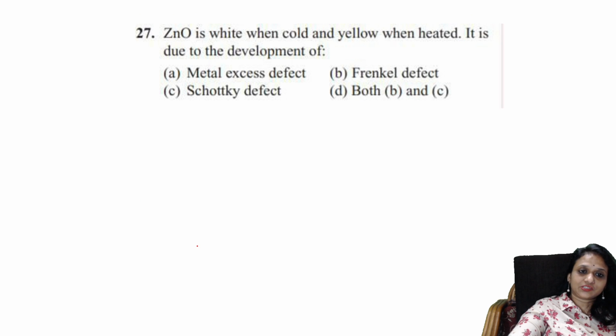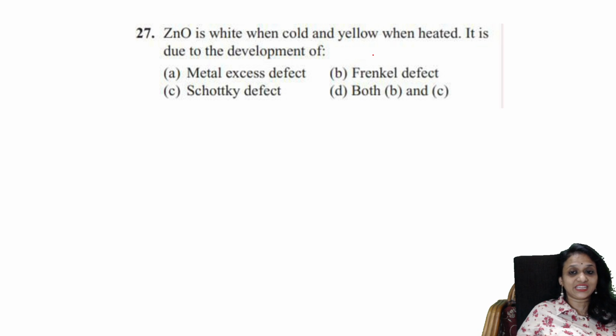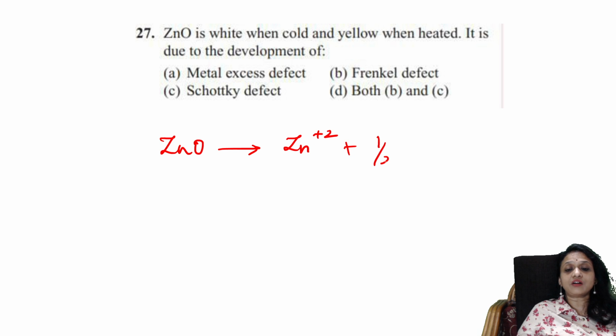Fine. Okay. Next. Zinc oxide is white when cold and yellow when heated. It is due to the development of what? Whenever somebody says color property, remember that, students, what happens? Zinc oxide breaks up into Zn2+ cation and half O2 anion.